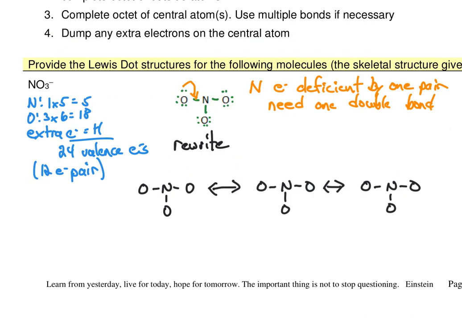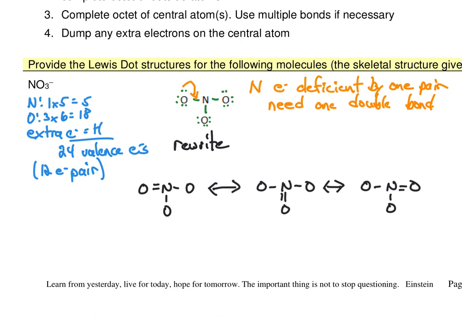The only difference between the resonance structures are where the electrons are located. So we're going to have a double bond on this oxygen atom, on the down oxygen atom, and on the right oxygen atom.